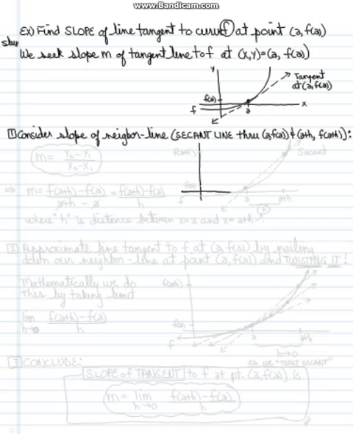Here's our y-axis, our x-axis. Here's our curve f. Here's a on the x-axis. Here's its y partner, f of a, on the y-axis. Now here's a value just a little bigger than a. It's x equals a plus h, and its y partner is f of a plus h.